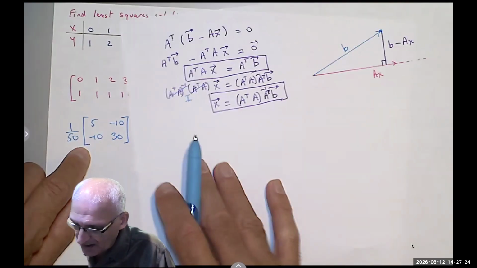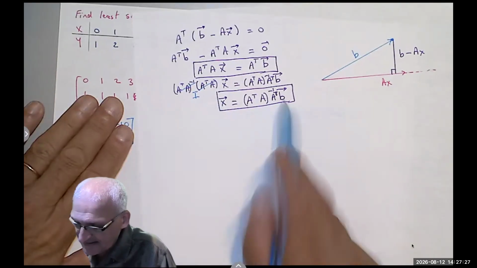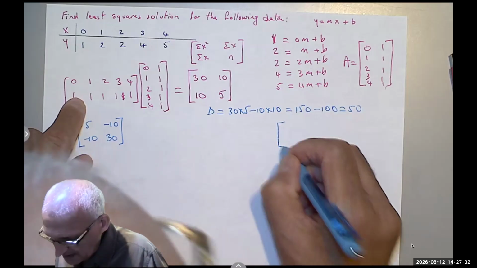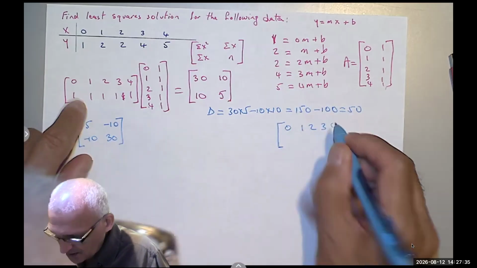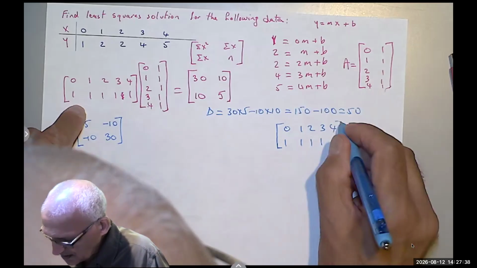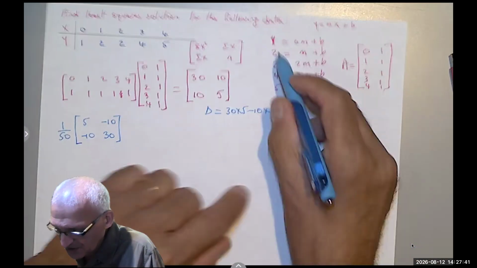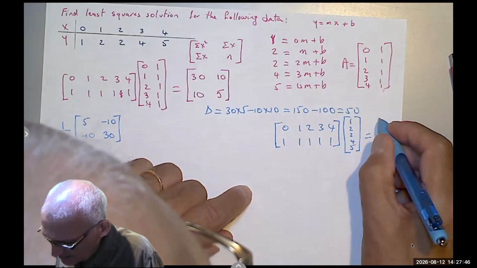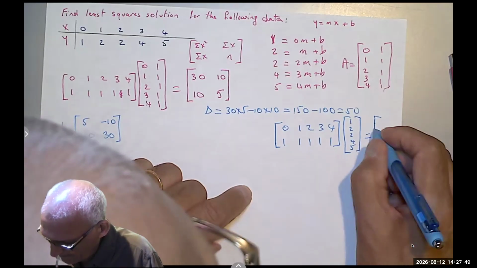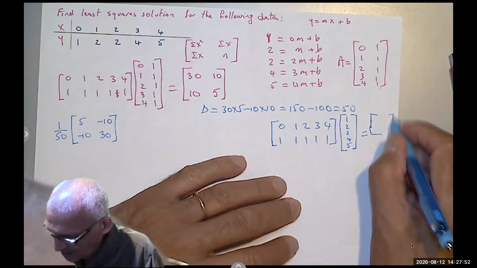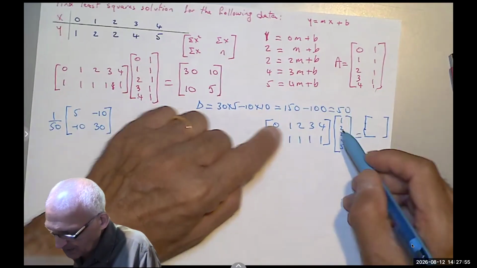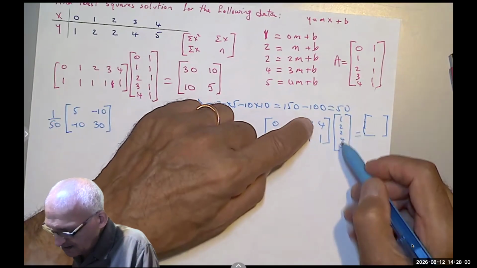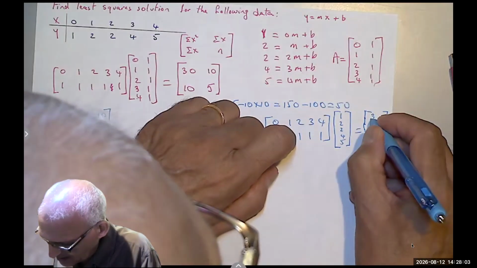Okay? Then we are going to multiply this thing by A transpose times B. A transpose is 0, 1, 2, 3, 4, 1, 1, 1, 1, 1, times the vector B, which is 1, 2, 2, 4, 5. And that will give me a 2 by 1 matrix. 0 plus 2, 2 plus 4, 6, plus 12, 18, plus 20, 38.